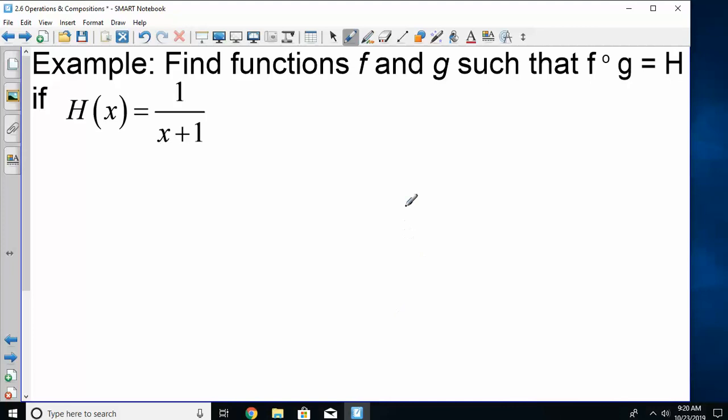So this one, f composed with g is equal to h. So f of g of x equals 1 over x plus 1.